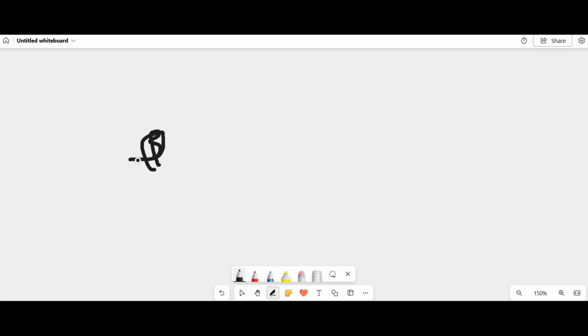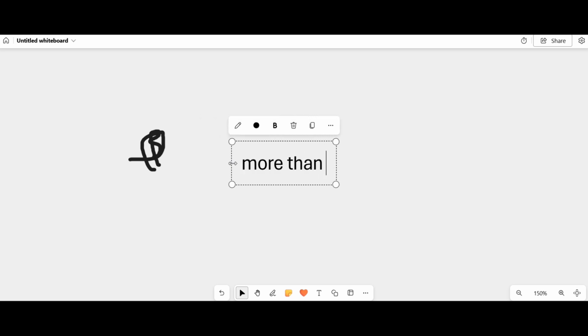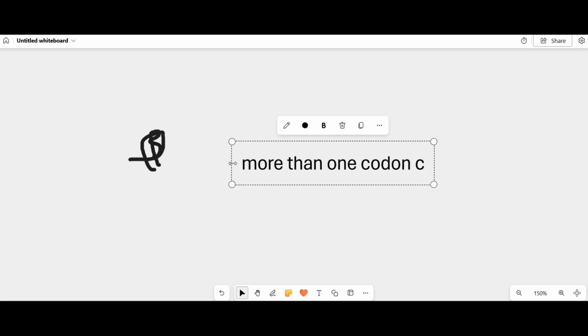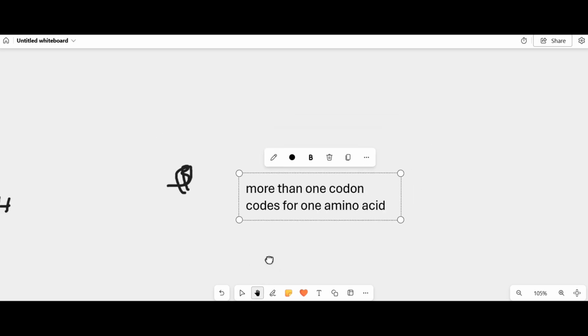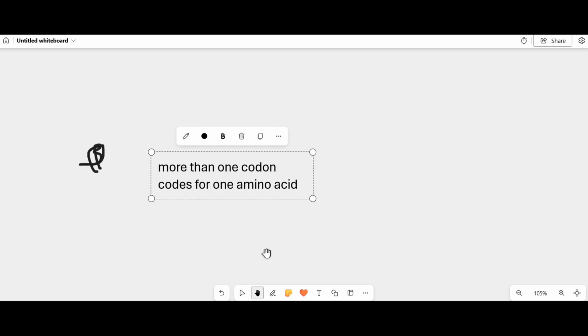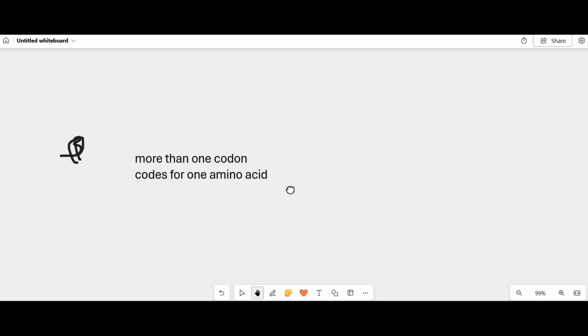Question B. The genetic code is described as degenerate. What's meant by that? That's in topic 4. Degenerate means that more than one codon codes for a single amino acid. A codon is a triplet of bases that codes for an amino acid, and more than one can code for the same one.